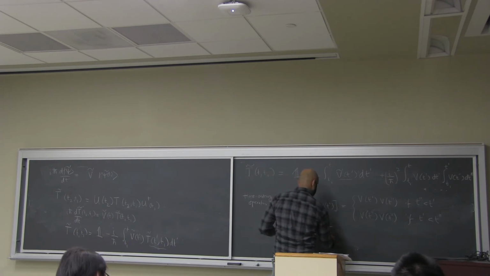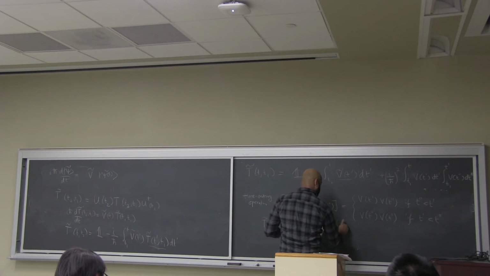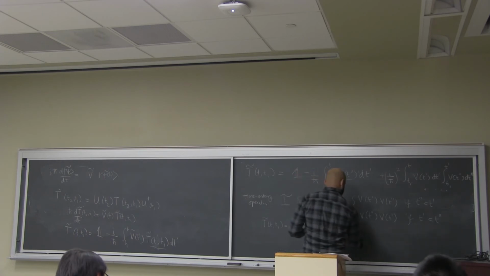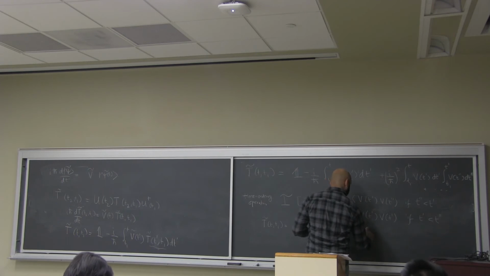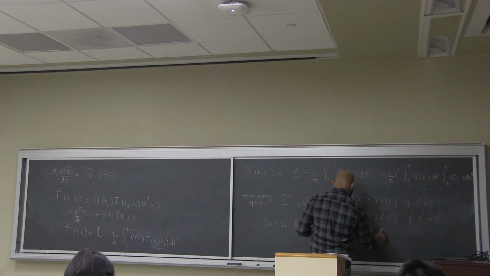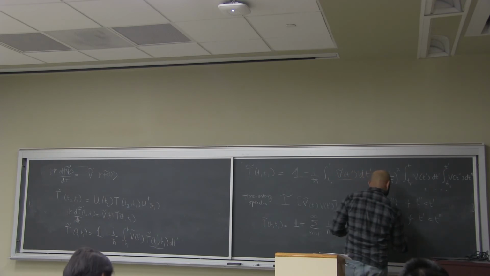I'm skipping any of these proofs, because there are a lot of questions about how you actually carry out these things, but I'm just going to write down the answer. Hopefully, you've seen some of this in grad quantum.